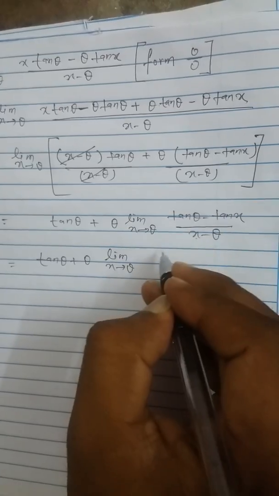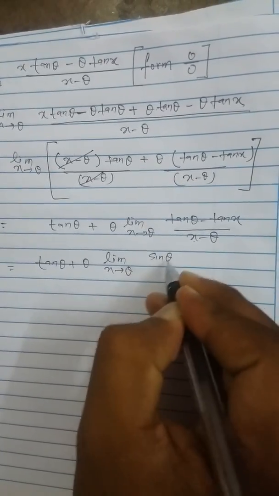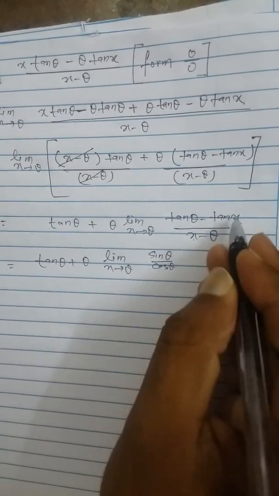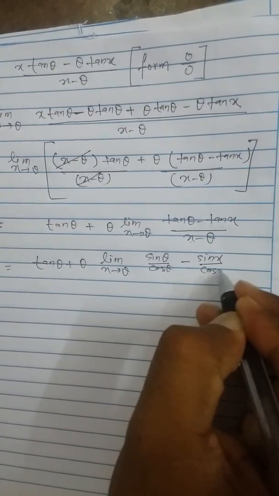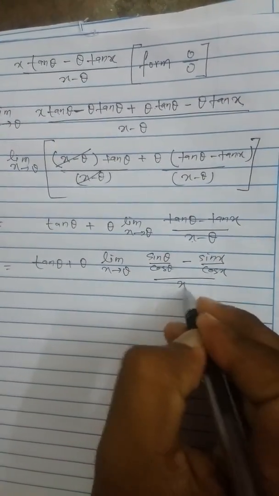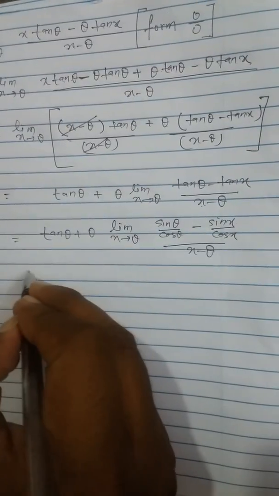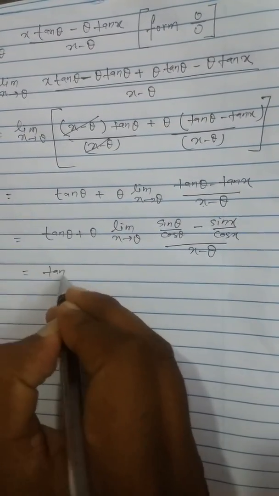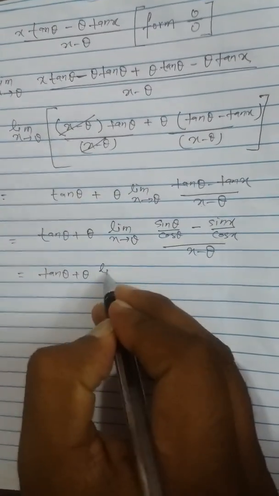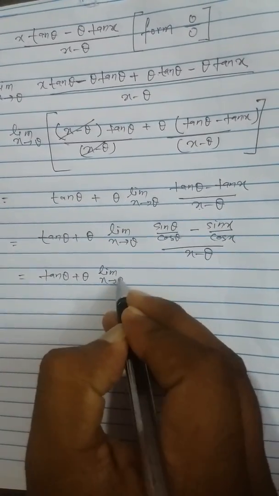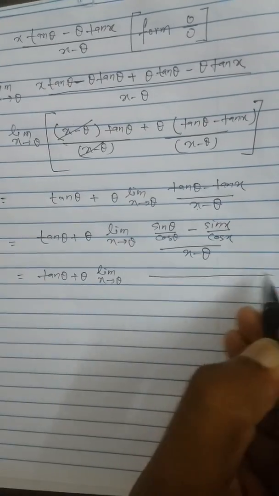Here tan theta can be written as sin theta by cos theta, and here tan x can be written as sin x divided by cos x, by x minus theta as it is. This one tan theta as it is plus theta as it is. Limit x tends to theta as it is. We are going to take the LCM here.